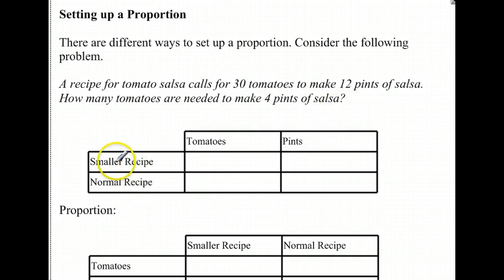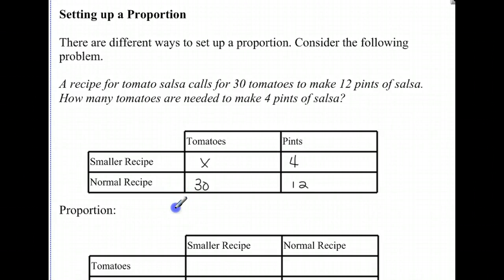So if we look, we have a smaller recipe and the normal recipe. Using this kind of setup here, for the smaller recipe, I don't know how many tomatoes. That's what I'm looking to find. But I know that I need to find out how many to make 4 pints. The original problem tells me that I need 30 tomatoes to make 12 pints.